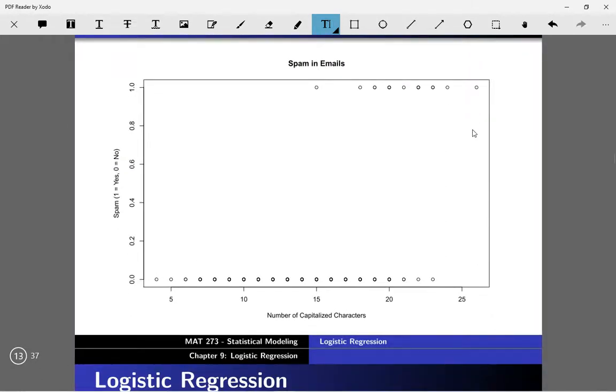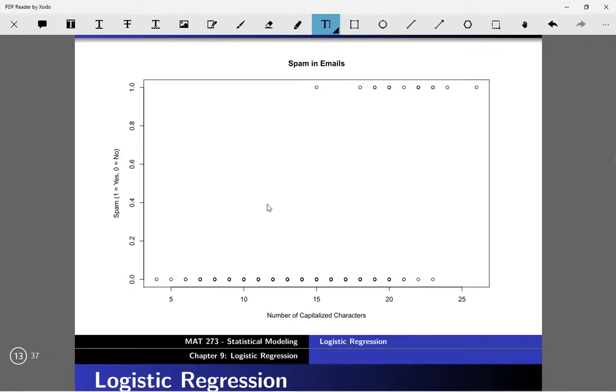So plotting the response by the number of capitalized characters using a scatter plot, it looks like this. So all the emails either are spam with a value of 1 or they're not with a value of 0. So this scatter plot looks a bit different than we're used to seeing for linear regression.